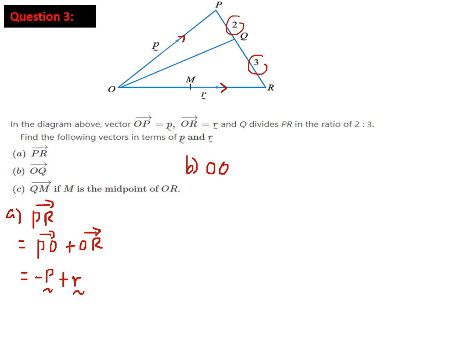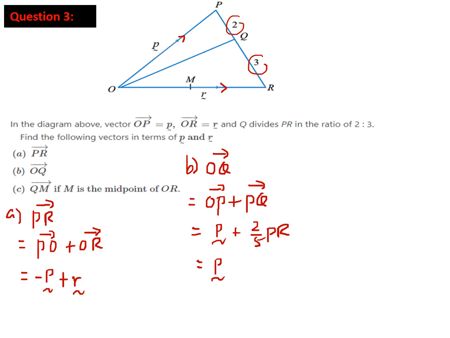B. Vector OQ. By using the triangle law, vector OQ is vector OP plus vector PQ. Vector OP is vector P, and vector PQ is 2 over 5 vector PR.